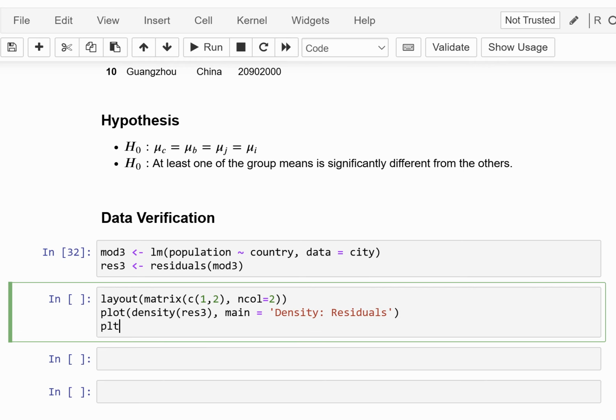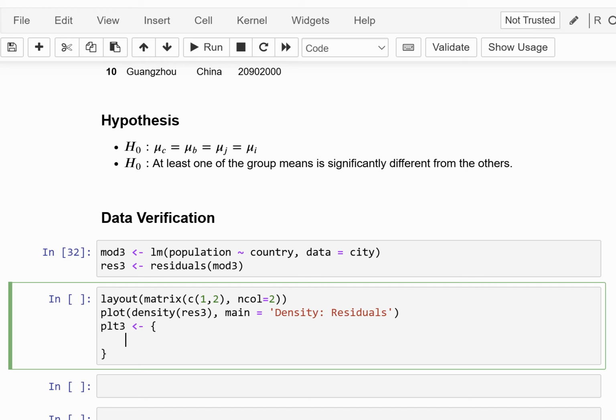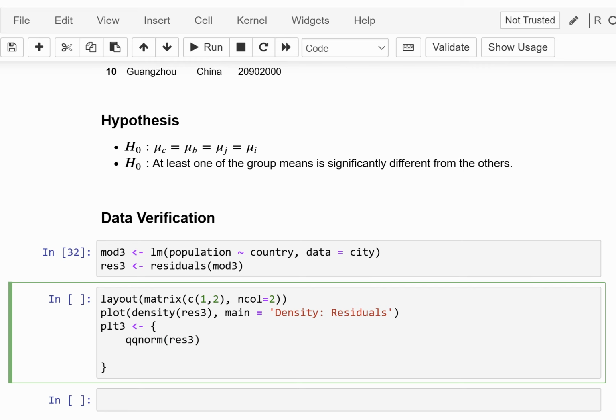Then we're going to do plot 3 and put in our curly brackets. We're doing QQ norm of the res3, and the QQ line of the res3. This should do everything that we need to.